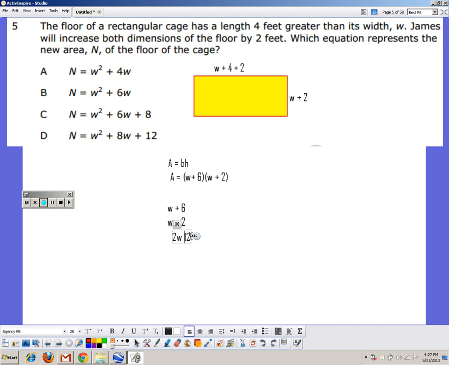So I have 2W plus 12. Then I'm going to have a placeholder, and I'm going to start underneath the 2W. 6 times W is 6W. And I'm going to make it a plus 6W since it's positive. And in front, W times W is W squared.